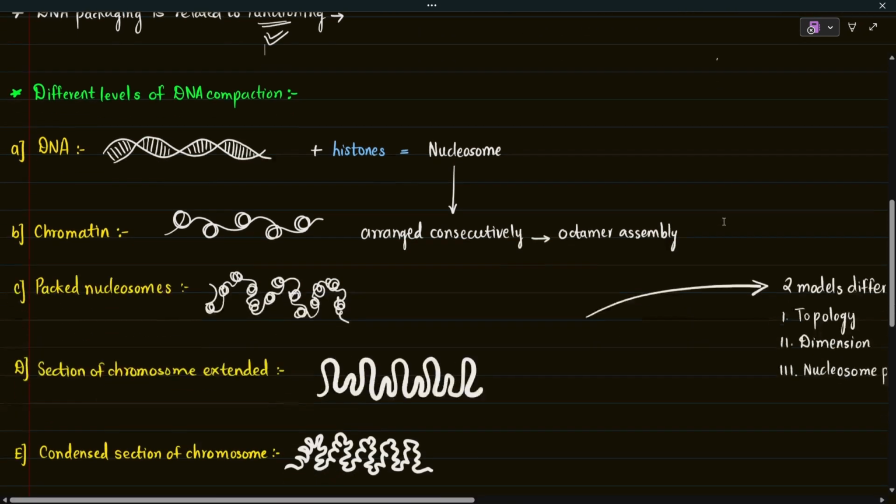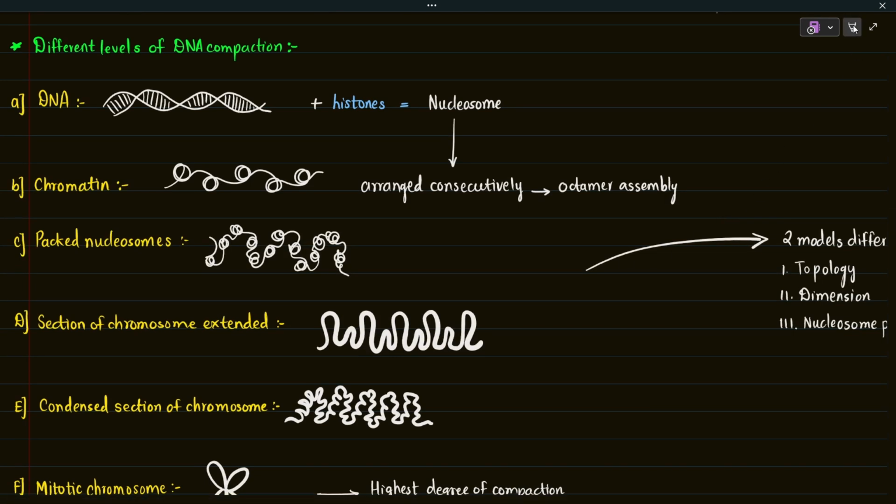So very first you have DNA, and you wrap it around the histone proteins, and you form a nucleosome. I'll be discussing the nucleosome in detail in the next video lecture. So the nucleosome, you can also call it the basic structural unit of chromatin.